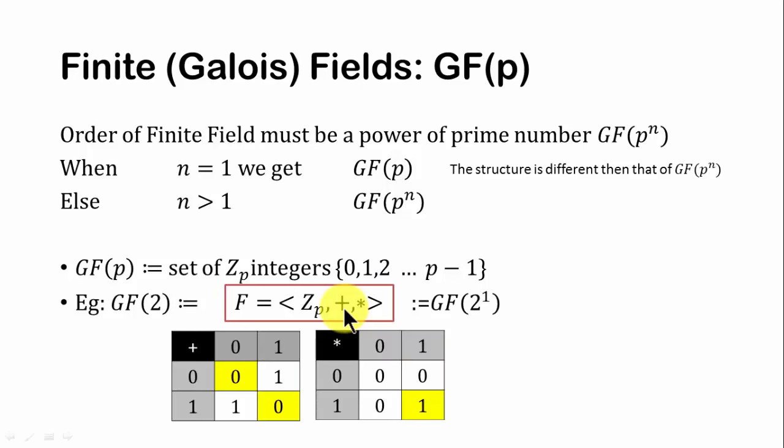If we take the truth table, with respect to the operation plus, the values that we have are 0 and 1 and 0 and 1. So 0 plus 0 gives 0 and 1 plus 1 gives 0.